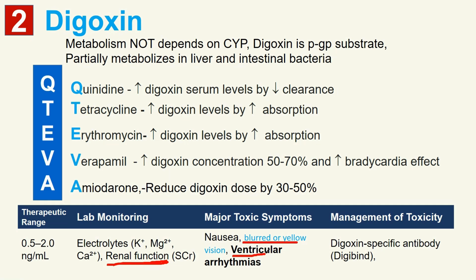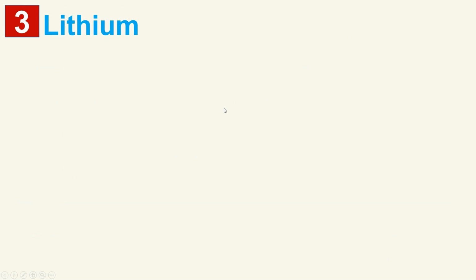Most importantly, an often tested question is that overdose can cause ventricular arrhythmias. That's a serious toxicity of digoxin. Digoxin toxicity is managed in emergencies by the antidote Digibind, also known as DigiFab.